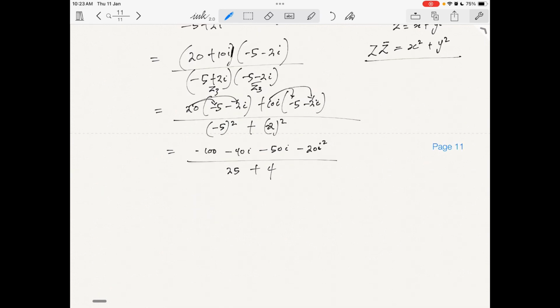So we have cut our solving short. All we just have to do is substitute our i squared to be minus 1 in the numerator only.